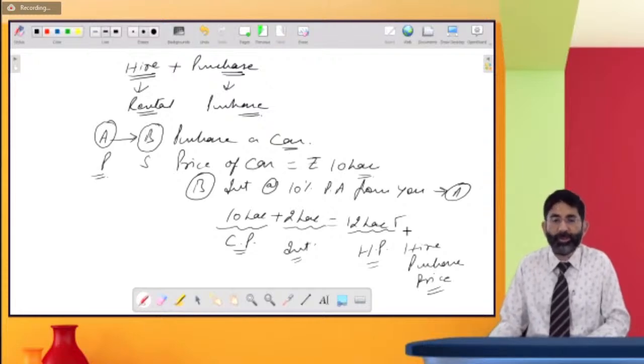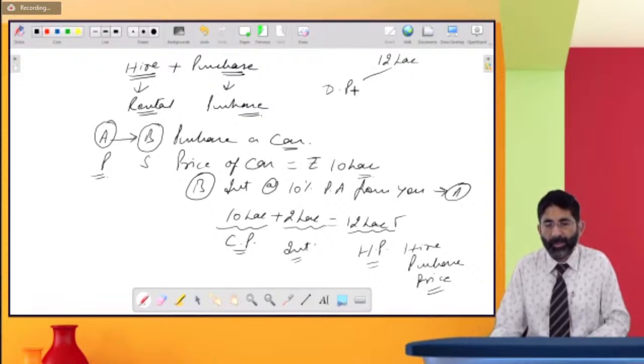Now, how is it to be paid? This 12 lakh is to be paid as down payment of rupees 2 lakhs that has been decided at the time of purchase and sale. The 2 lakh is to be paid at the time of beginning.